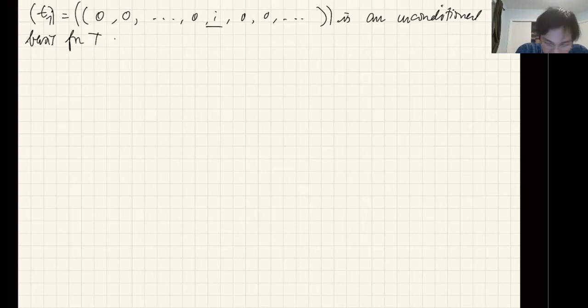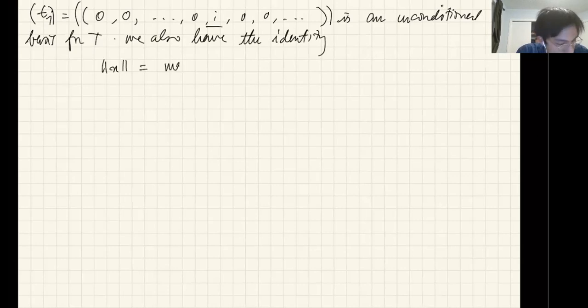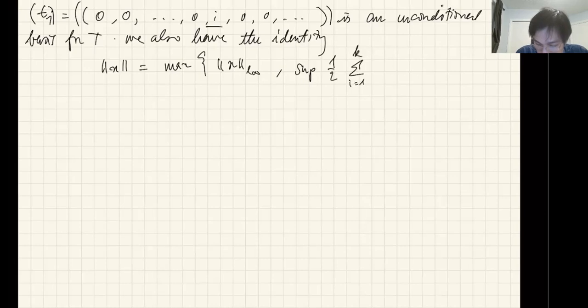What else? We also have this identity. The norm of x is equal to the max of the L infinity norm of x, or the supremum of a half times an admissible sum of the norms of E_i x.